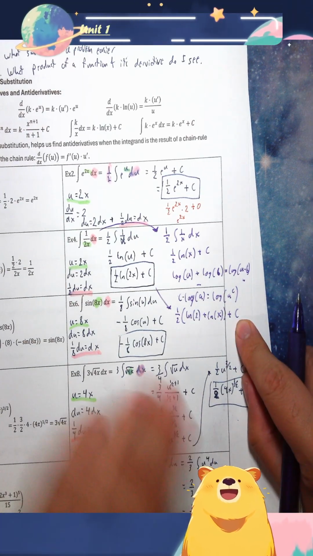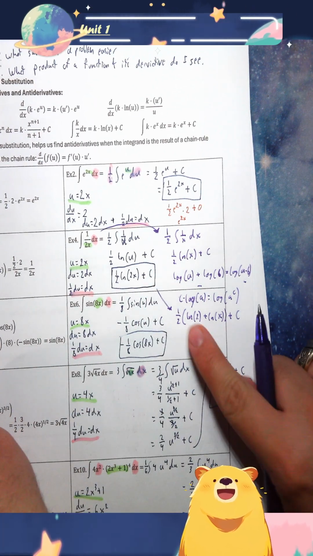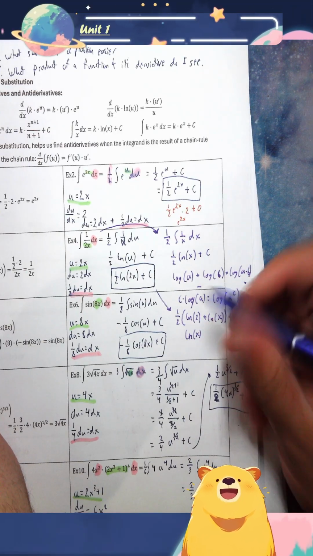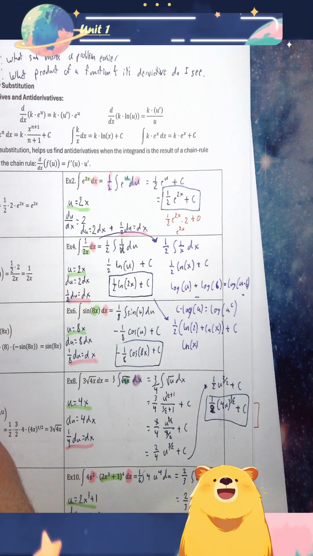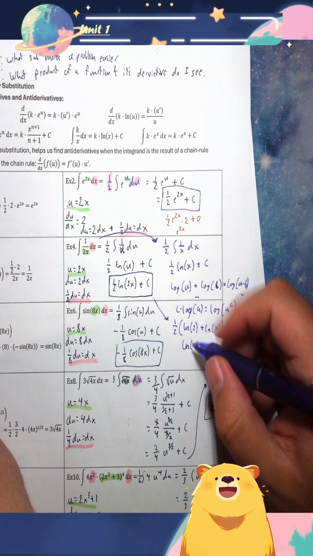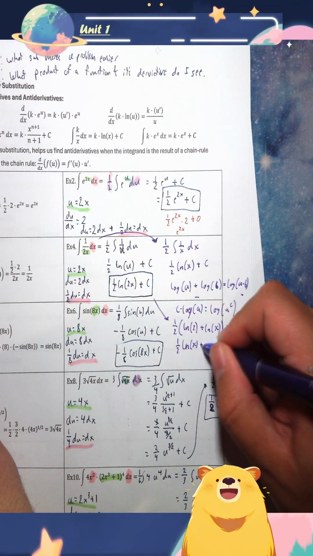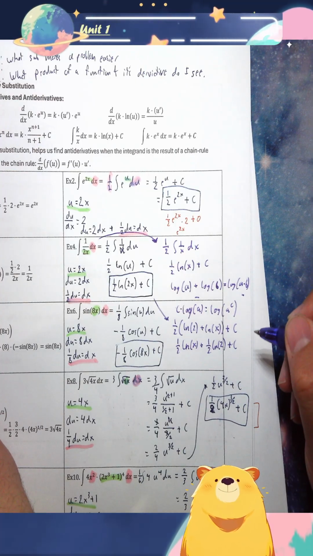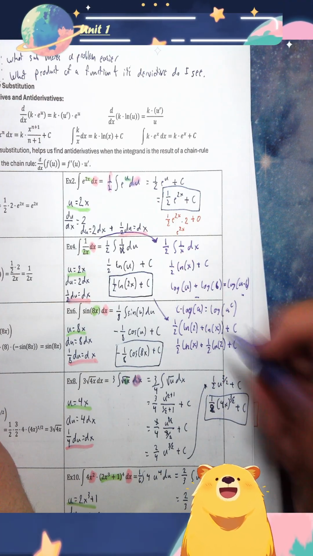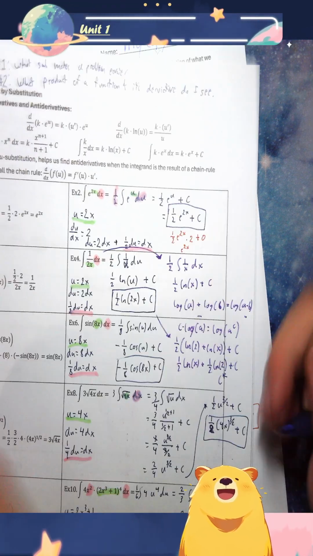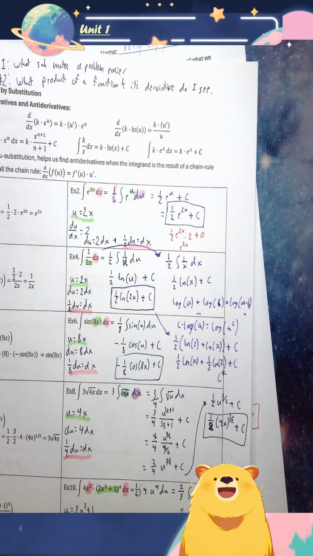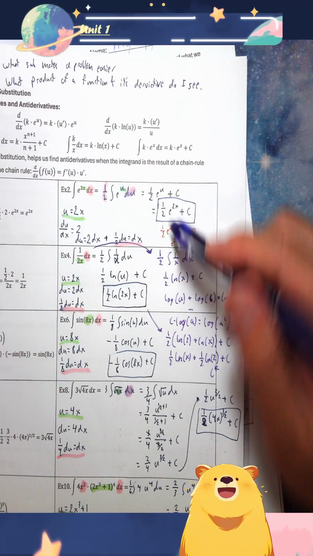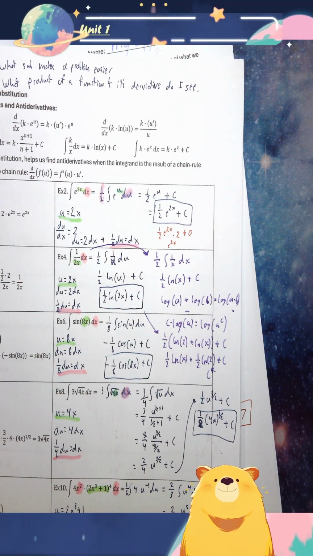Now the gimmick with the constant is that this ln of 2 term can technically be absorbed by the constant, since the constant is just supposed to be a numeric value that is not dependent on a variable. So you would have 1 over 2 ln of 2 plus c. And then this whole thing can technically be written as a new constant. So that's why they don't look equivalent, but they are technically equivalent with the inclusion of the constant idea.